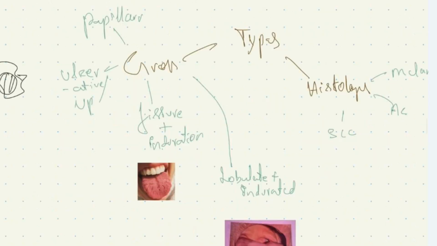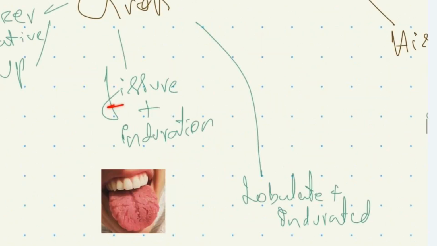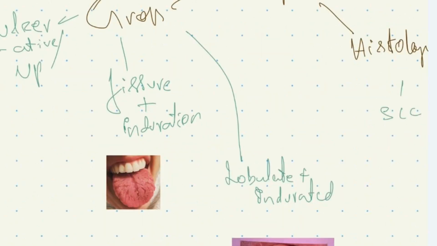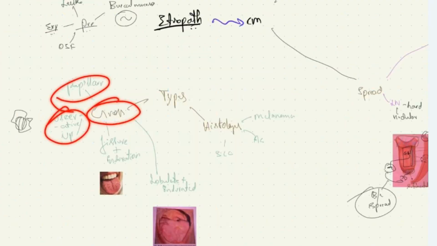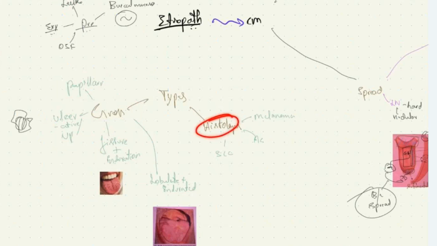We can see fissure type with induration, or also we can see the lobulated swelling like tongue carcinoma without any ulcer with induration. These are all the gross types, that is papillary, ulcerative, fissured, and lobulated type. On histopathology, we already discussed we have three types, that is squamous cell carcinoma, adenocarcinoma, and melanoma.